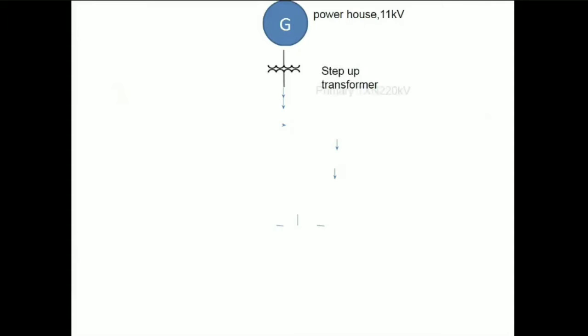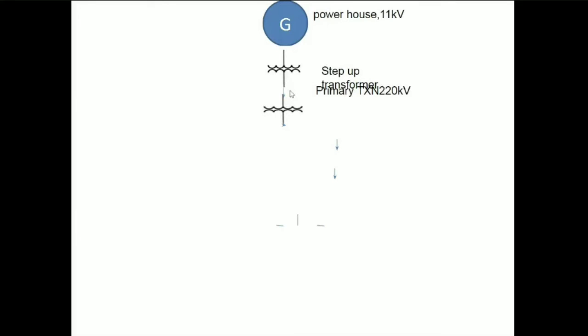So there is a step-up transformer in the primary substation. So the primary transmission starts from this substation. Here the 11 kV voltage is stepped up to around 220 kV voltage. Then from this substation to the next substation, we are having the primary transmission section.